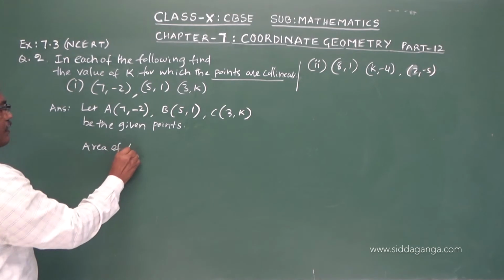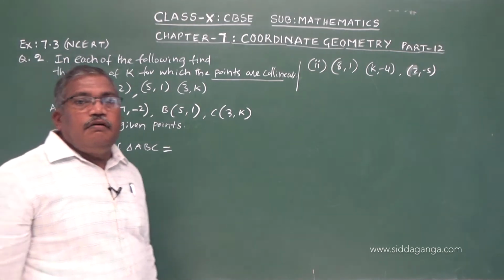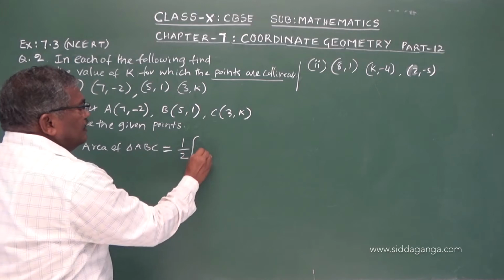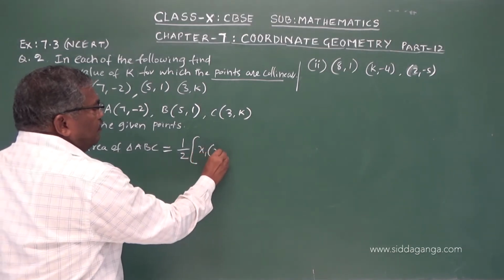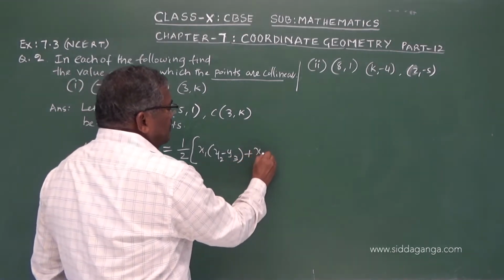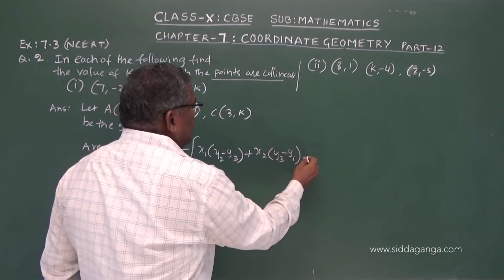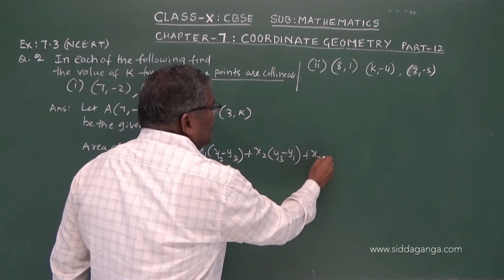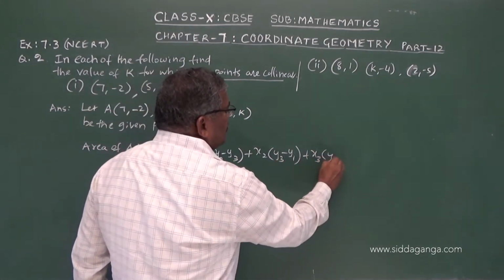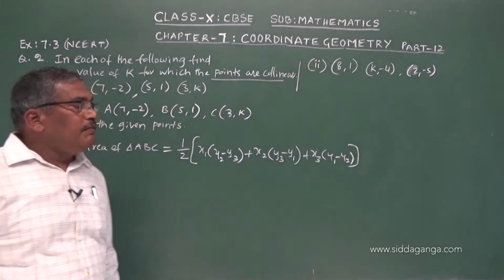equals, the formula is half of x1 into (y2 minus y3) plus x2 into (y3 minus y1) plus x3 into (y1 minus y2). We derived this in the previous class.